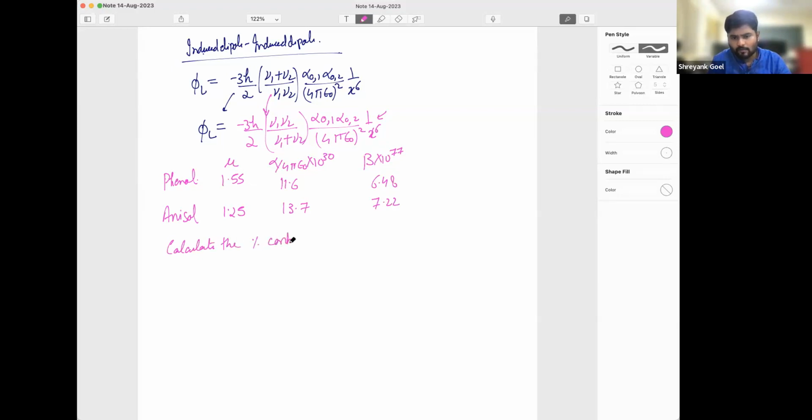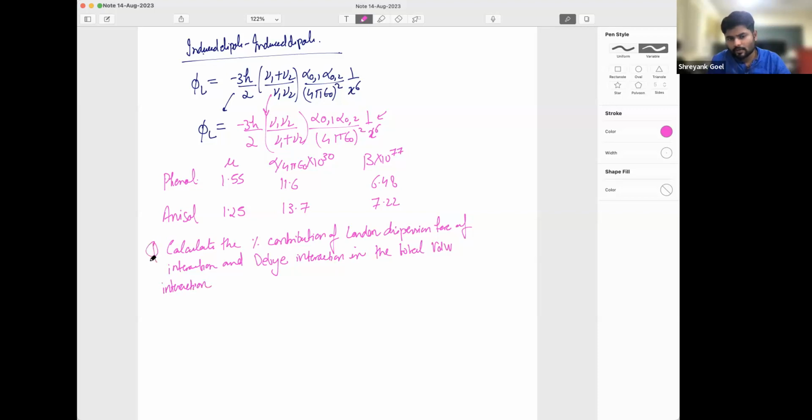So calculate the percentage contribution of London dispersion force of interaction and Debye interaction in the total van der Waals interaction.